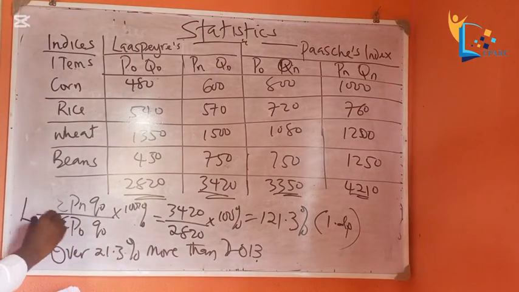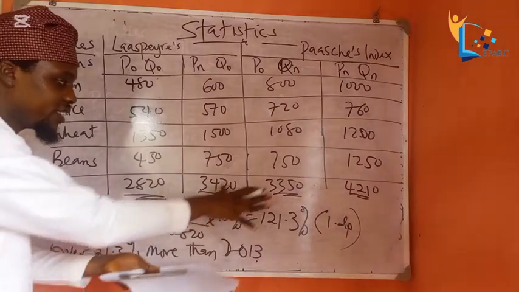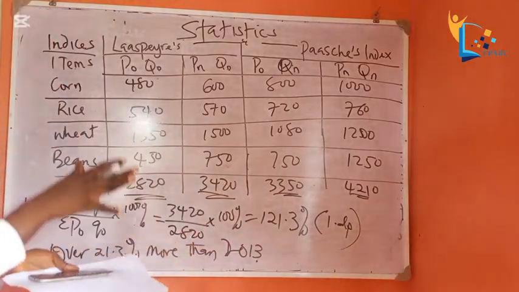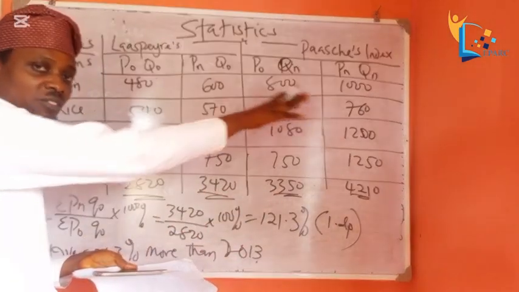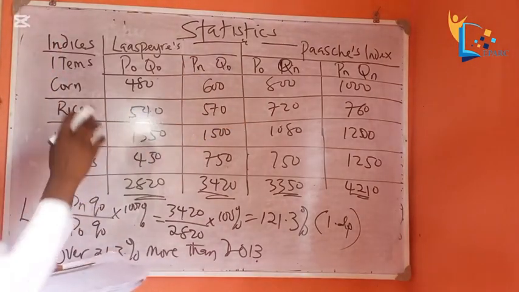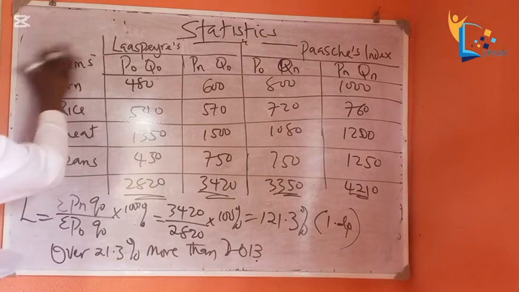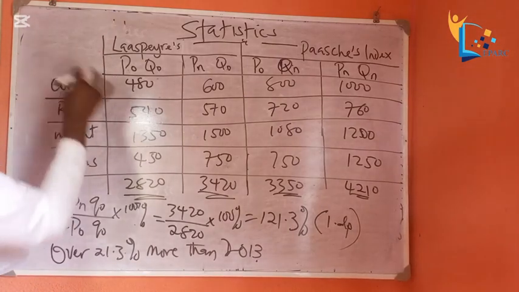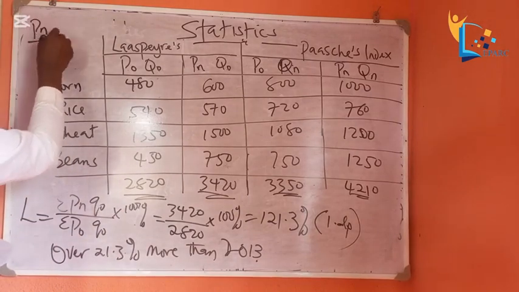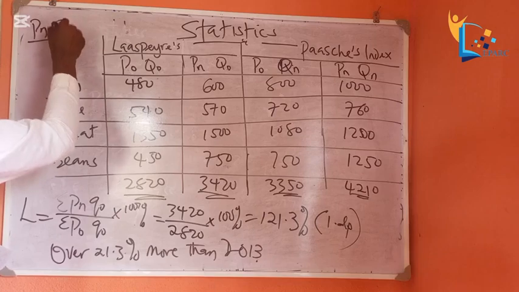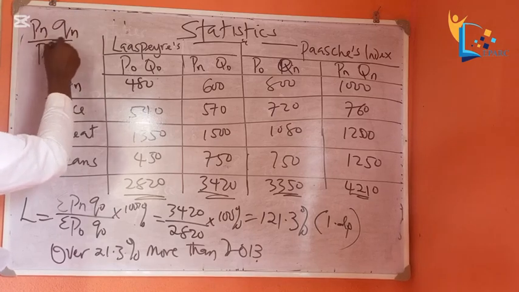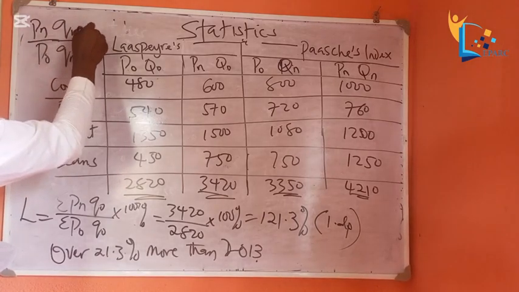Now, the same way we did this one, that is how you are going to do it for Paasche. I've given you the formula for Paasche already. It is simply summation of PN QN all over summation of PO QN, times 100%.